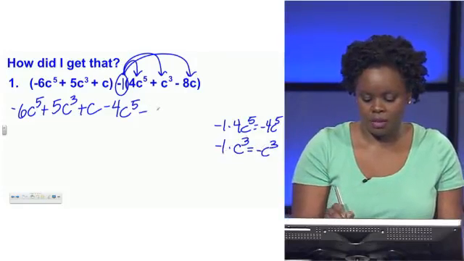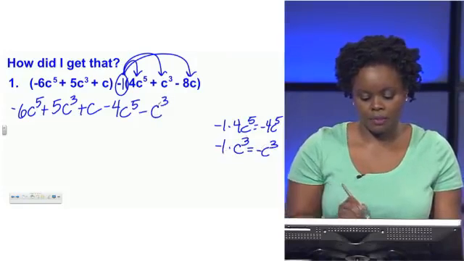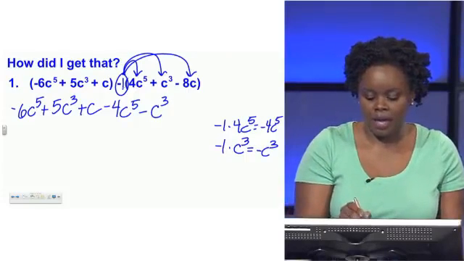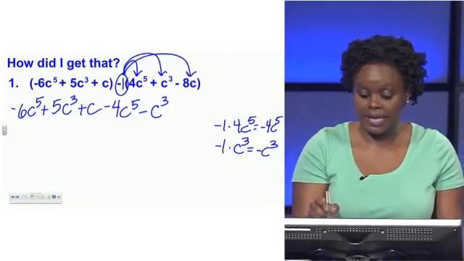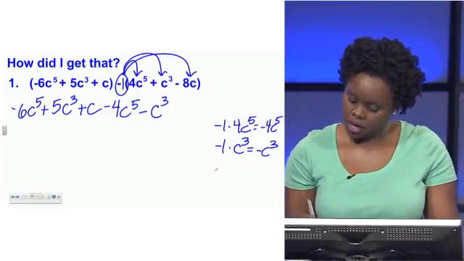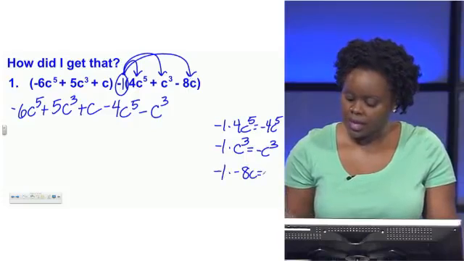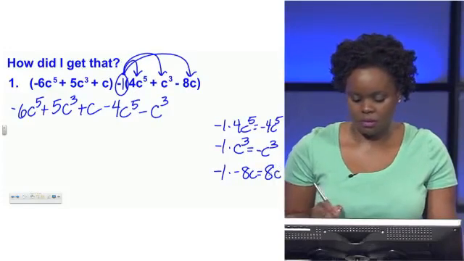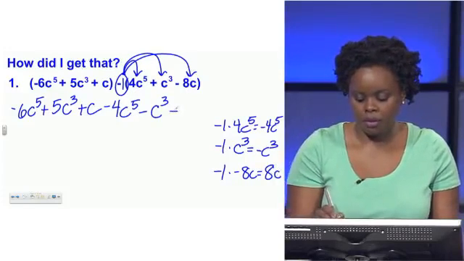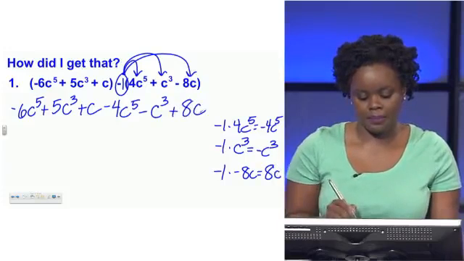So minus c to the 3rd. And then I have negative 1 times negative 8c. That's a positive 8c. Okay, so that means I have a plus 8c.